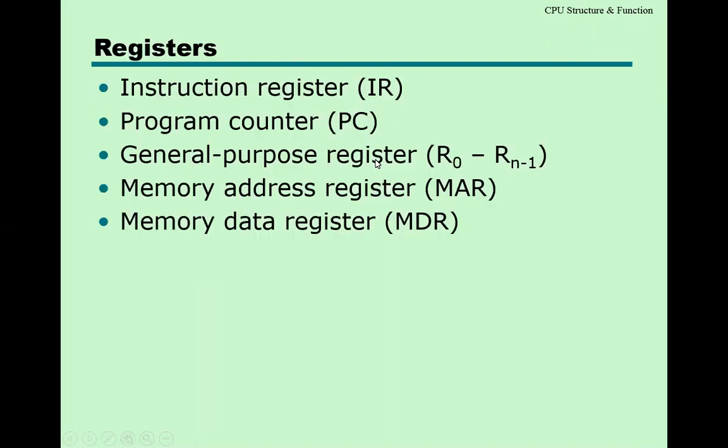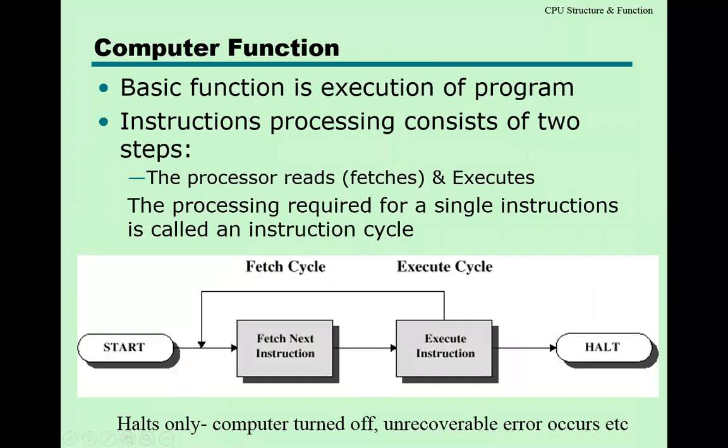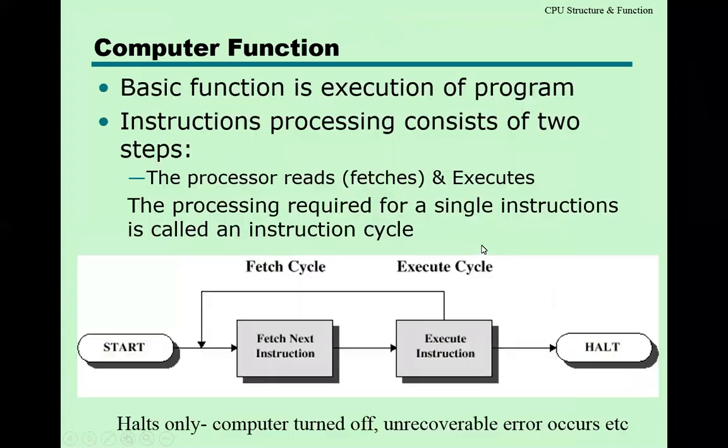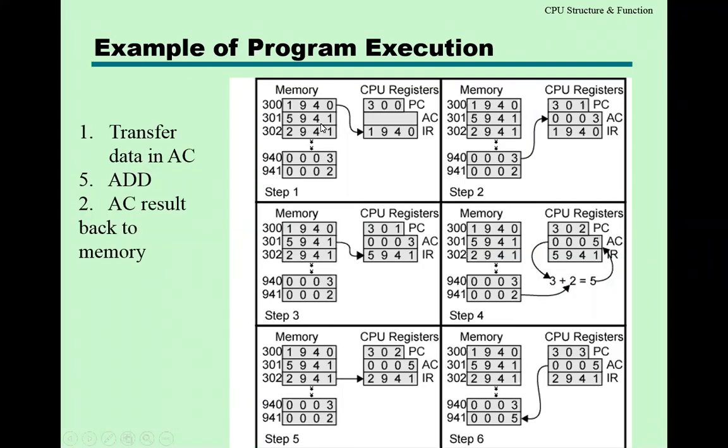In our example, here is the main memory, in which there are instructions as well as data. Here you can see these are the instructions and this is the data.